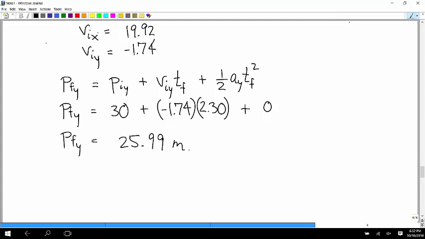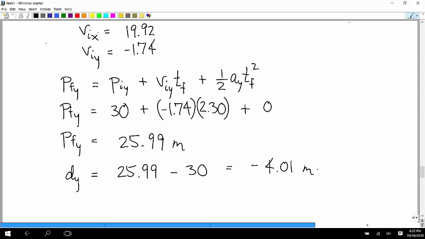Now, we wanted to know how much lower it is. So how do we use this number to calculate how much lower it is? Just subtract. What we're really doing is calculating the y component of the displacement. So the y component of the displacement is the later position minus the earlier. And so you get negative 4.01 meters.